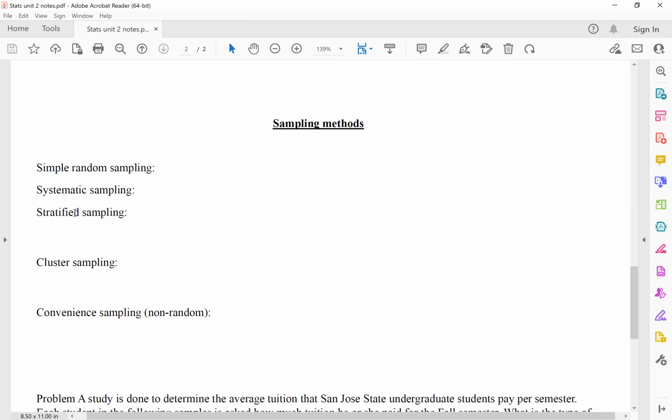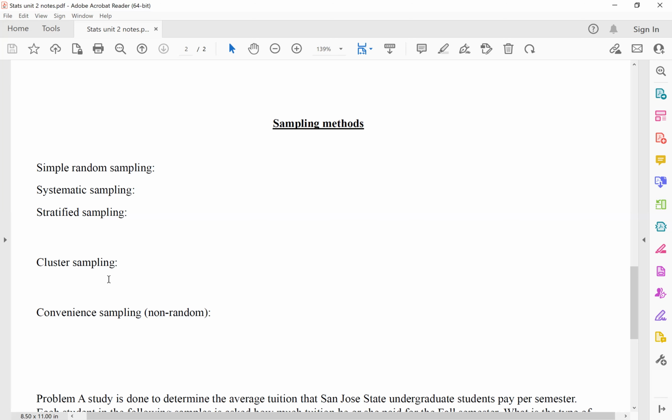So I want to do a study including 40 people. My sample is going to include 40. So I'm going to choose 10 freshmen, 10 sophomores, 10 juniors, and 10 seniors. Notice how my population got separated into little strata or subgroups, and then from each group, I chose the same amount of people.